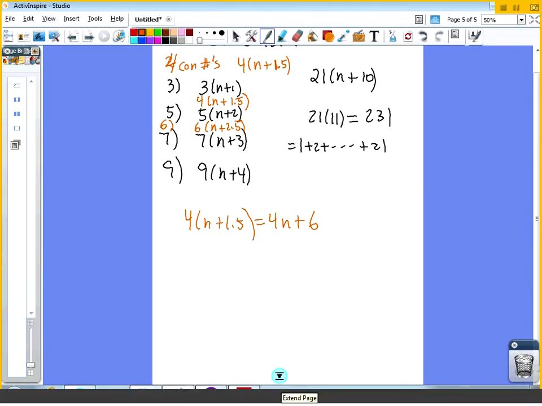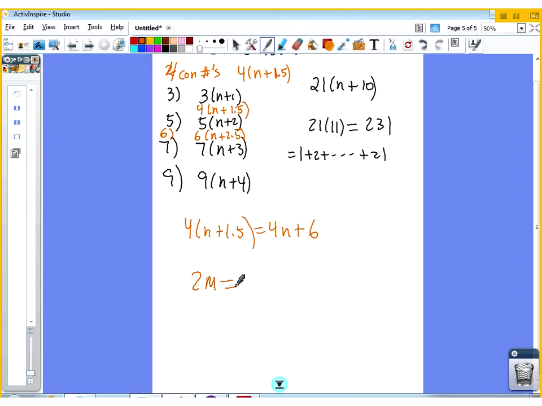So if you had a general even number 2m, what does this pattern tell you about 2m consecutive numbers?